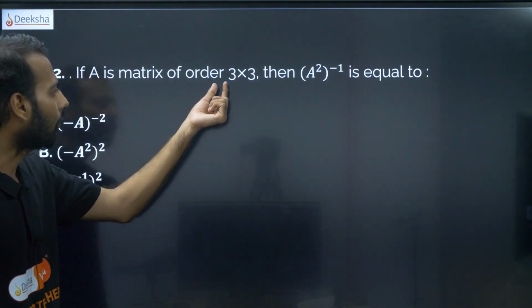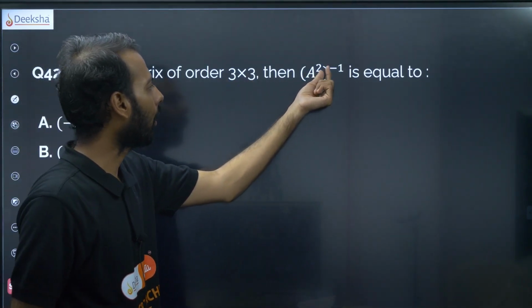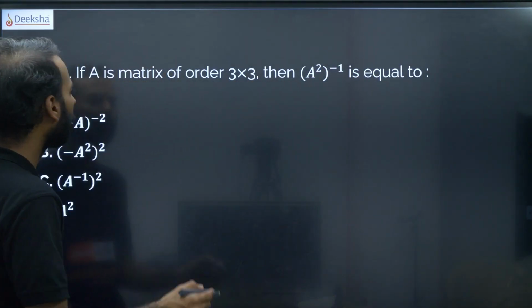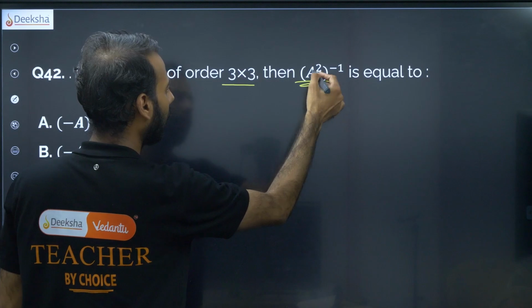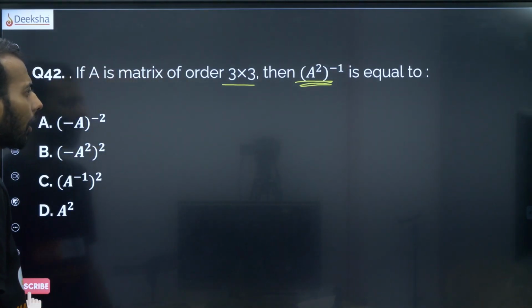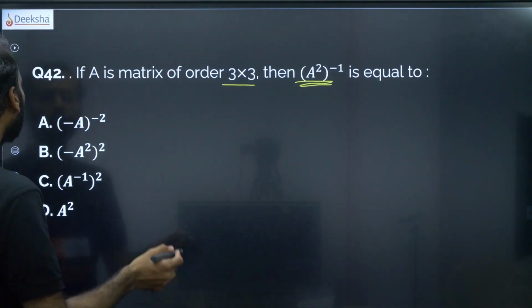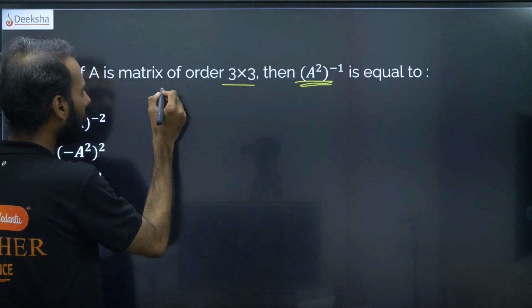If A is a matrix of order 3 cross 3, then A square inverse is equal to what? They are asking to find A square inverse, and they have given something. So try to recall A inverse.